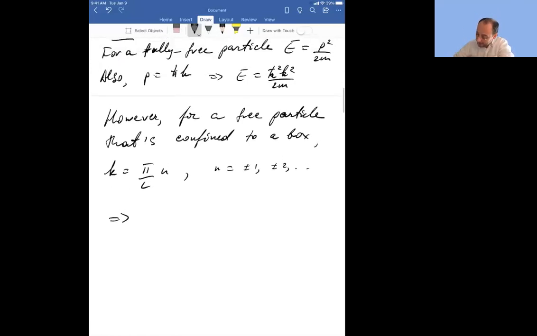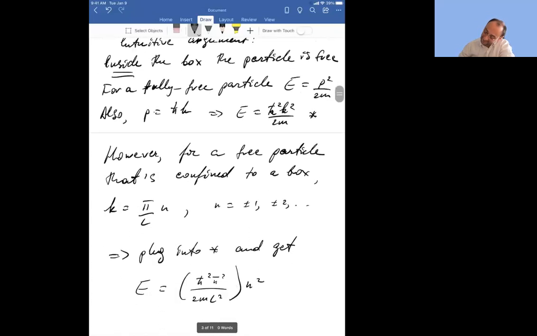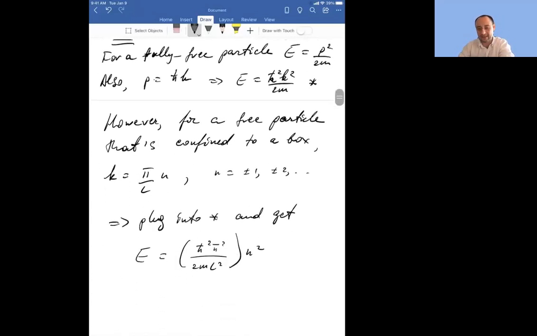Then if you plug that into here, you get the formula we derived, h bar squared pi squared over 2ml squared times n squared. So the argument is a little bit nuanced.